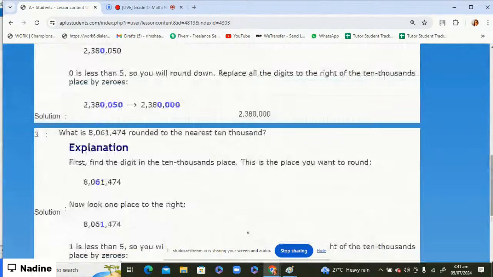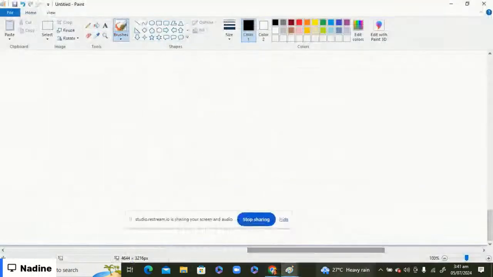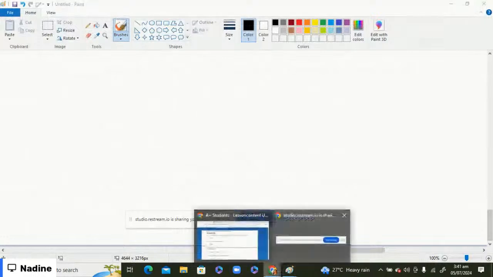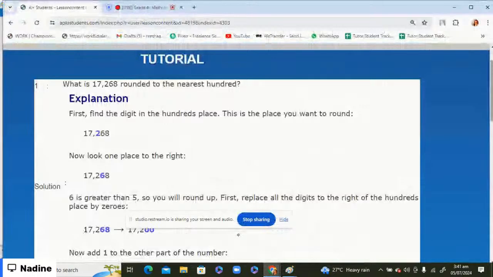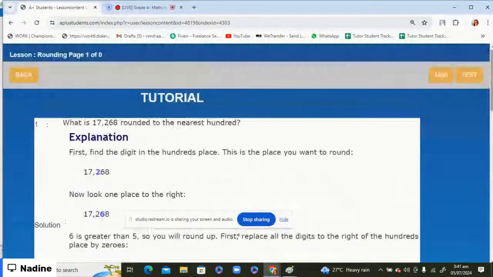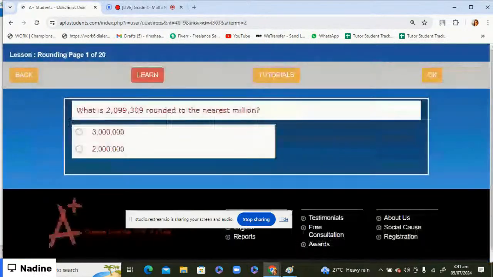All right, if I write one question down here, then we can solve it together. Let's do some test questions. So let's do that test once. What is 2,099,209,309 rounded to the nearest million?